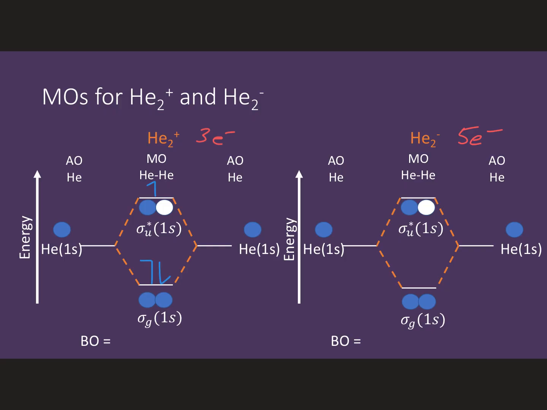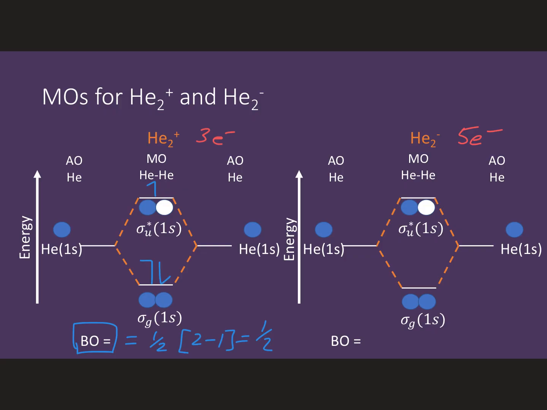So could we predict if He2 plus is going to be a stable ion, or will it stay apart? What do you think? Hint. I'm going to do it slow. And we get a half-order bond here.